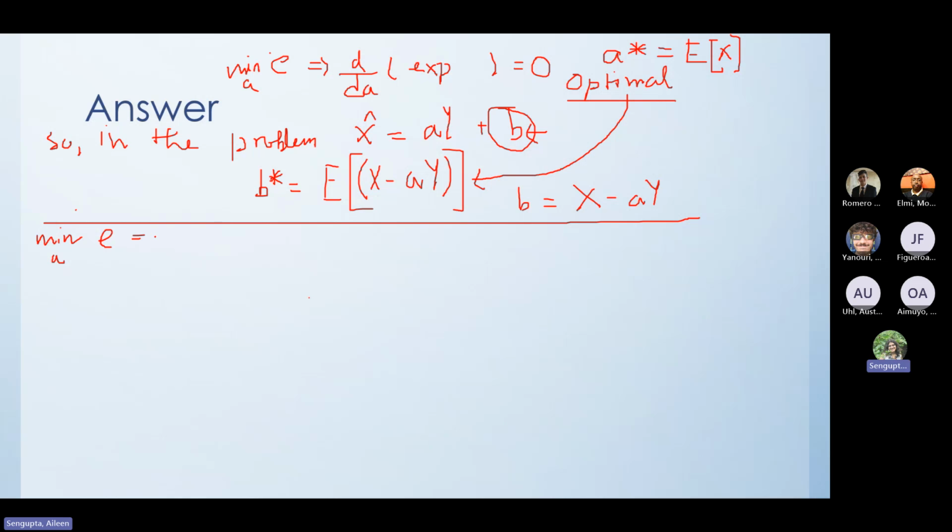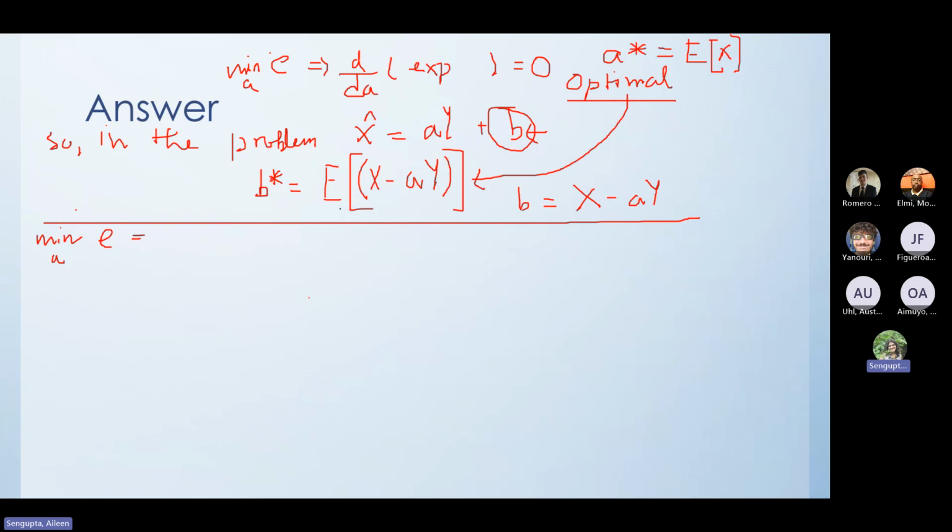First of all, we have a couple of things going on. We have found out the optimal value of B, but we have not used that to substitute in anywhere, right?